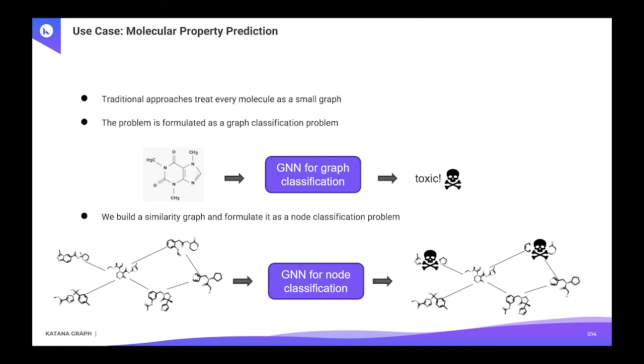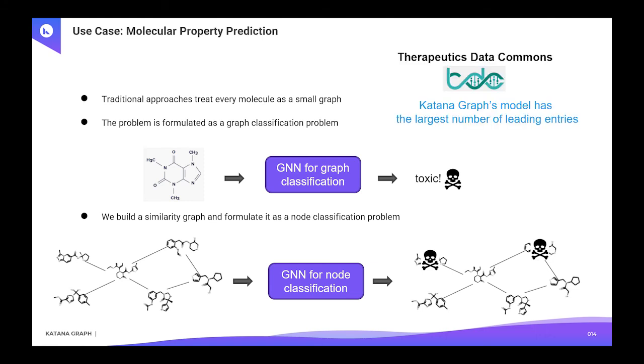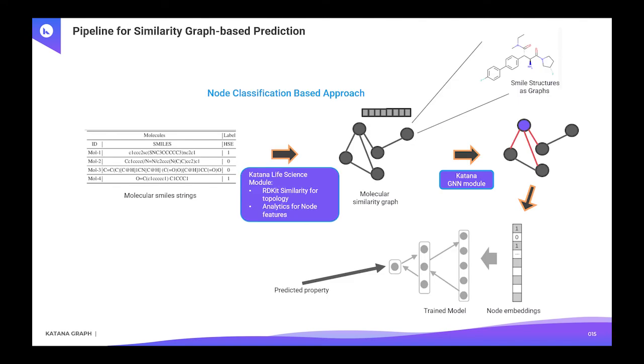We then formulated the problem as a node classification problem. By the way, we submitted the model to the TDC competition, the Therapeutics Data Commons competition, which is organized by a group of researchers from Harvard, MIT, and Stanford. Our model has the largest number of leading entries.